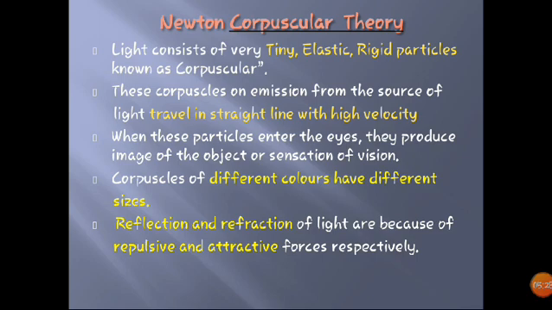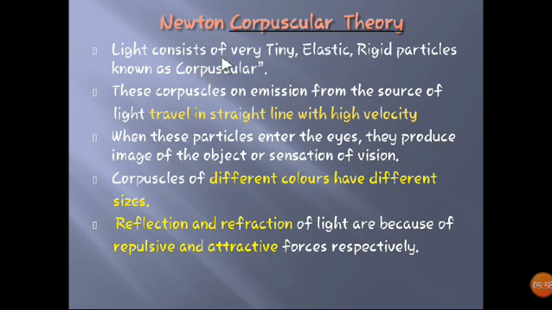From them, one is Newton's corpuscular theory. Let's see what Newton put forward. He says that light consists of tiny, elastic, and rigid particles. Light consists of very tiny particles which are elastic in nature and rigid also. These are known as corpuscles, and that's why the theory is named corpuscular theory.